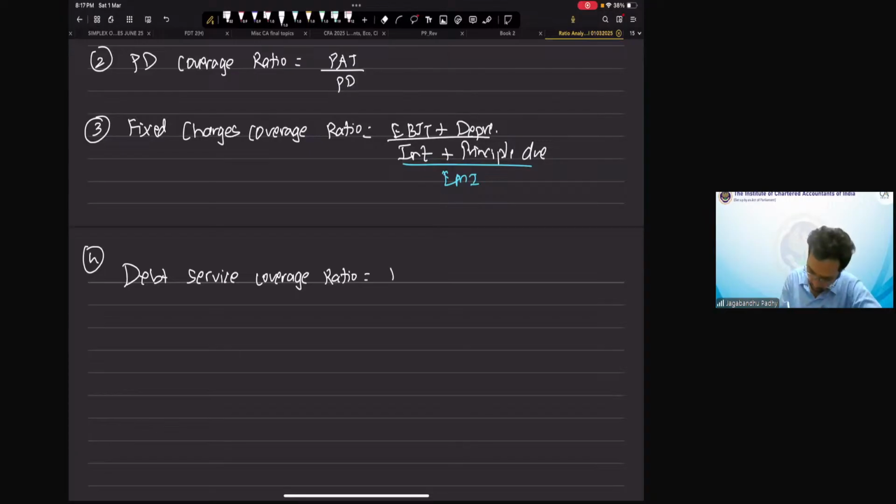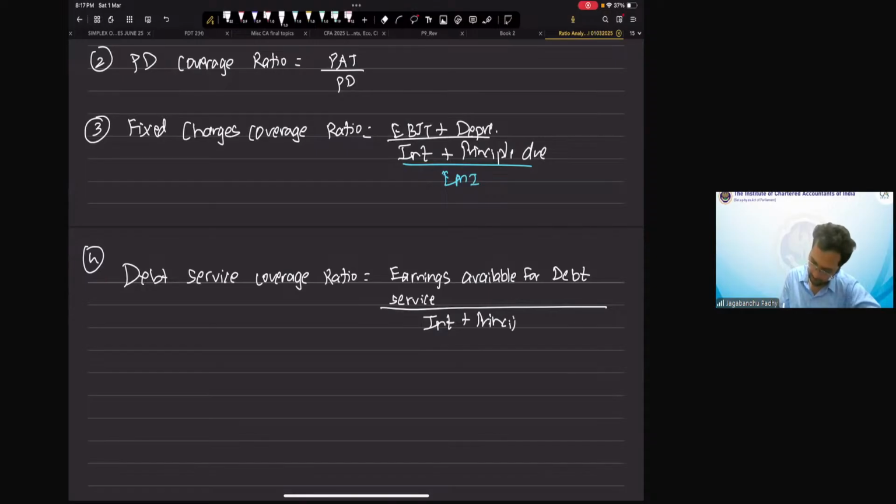This is calculated as earnings available for debt service divided by interest plus principal due. Now, interest plus principal due is nothing but the EMI which is due. So, earnings available for debt service.